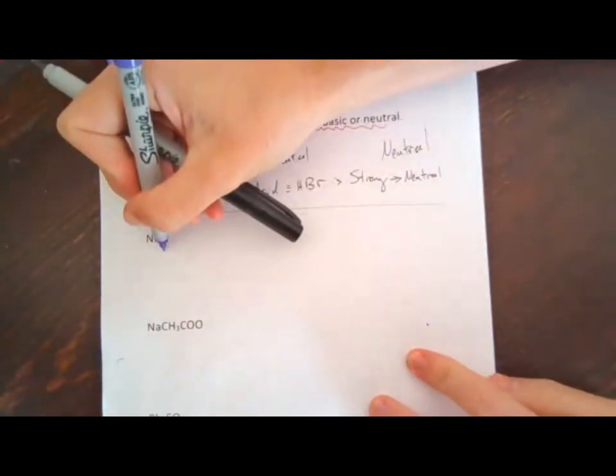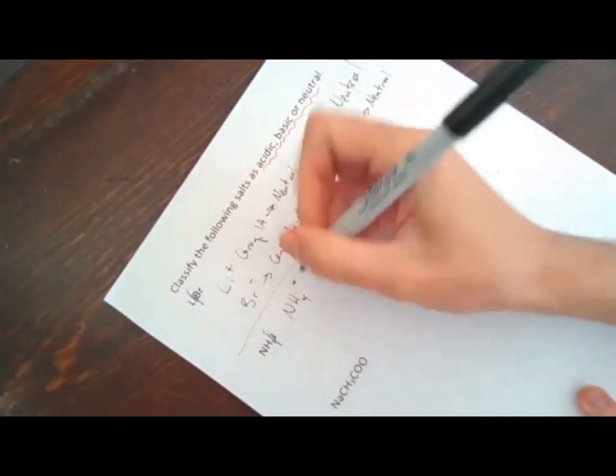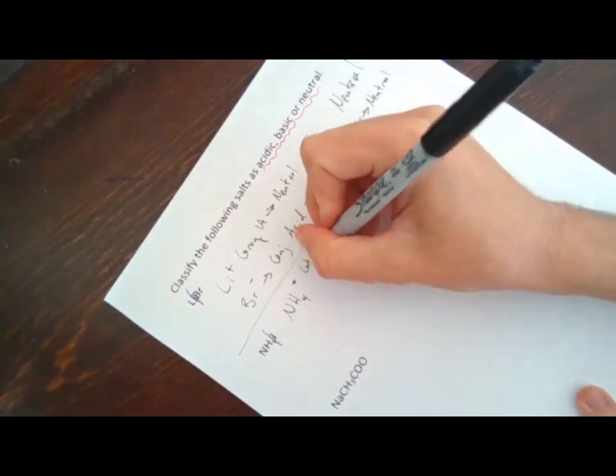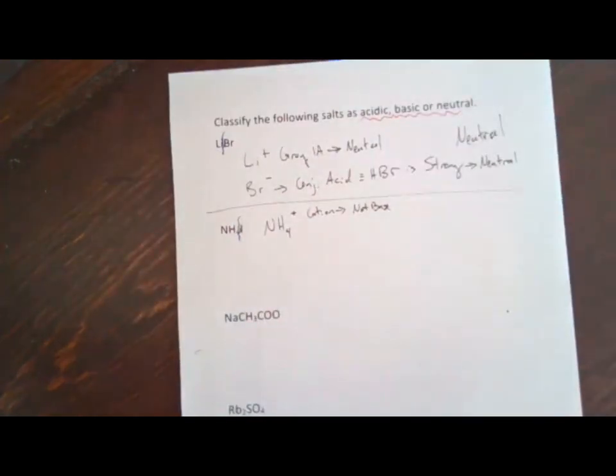NH4I is ammonium iodide. So I have NH4+ and I-. NH4+, the fact that it's a cation means this thing is not a base. So one of the things we want to ask is, well, is it an acid?